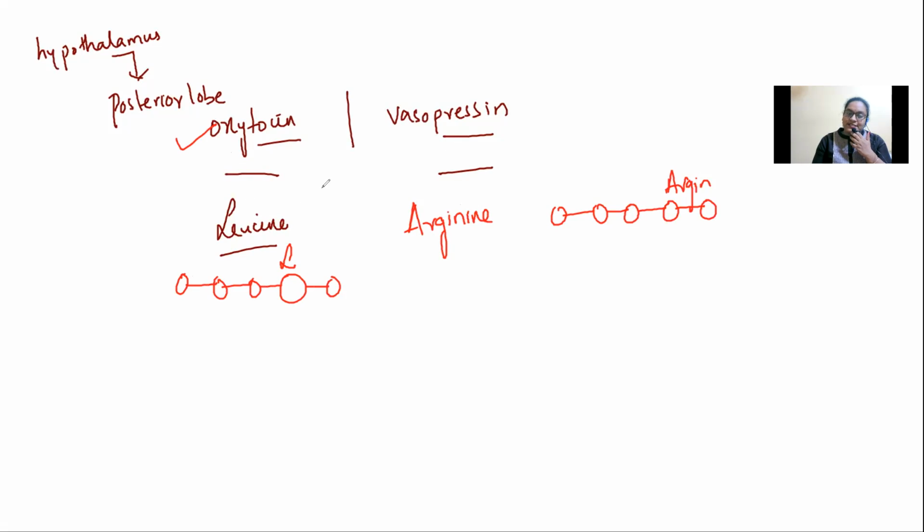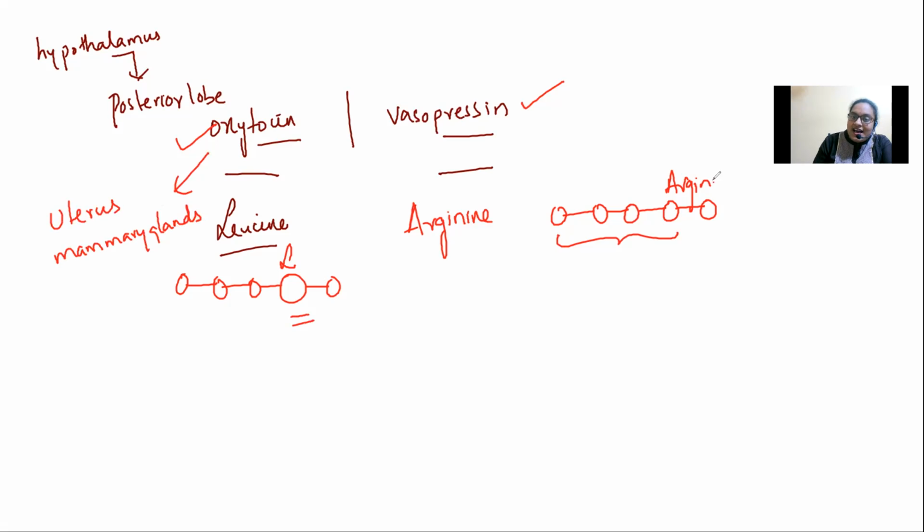One replacement of one amino acid has completely changed the functionality of the hormone. If it has leucine, it acts on the uterus and the mammary glands. But if it has arginine in the place of leucine, it becomes vasopressin, which acts on the kidney tubules. This makes a huge difference. One amino acid is making a huge difference.